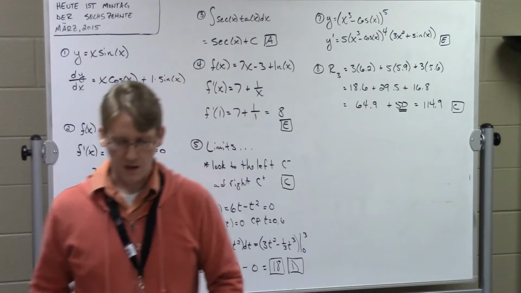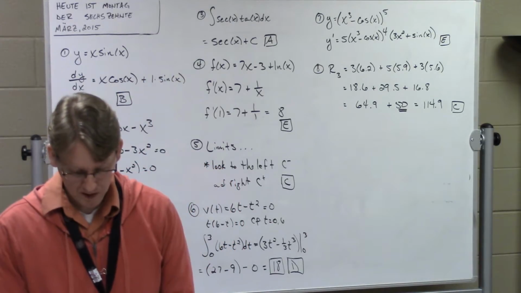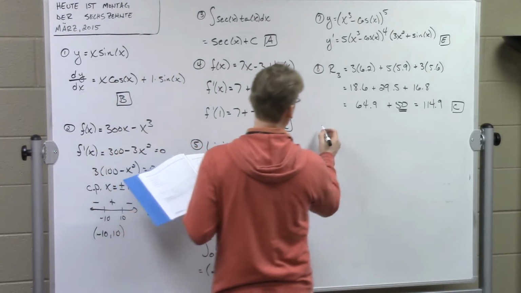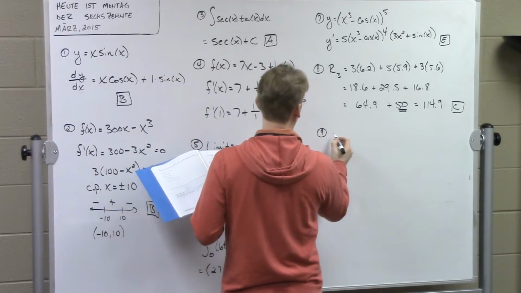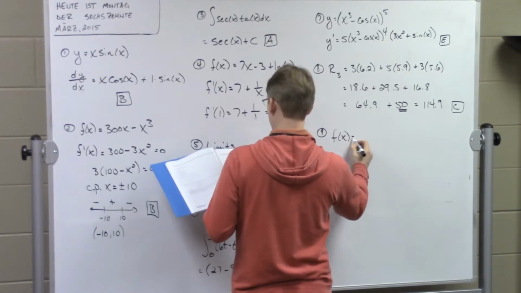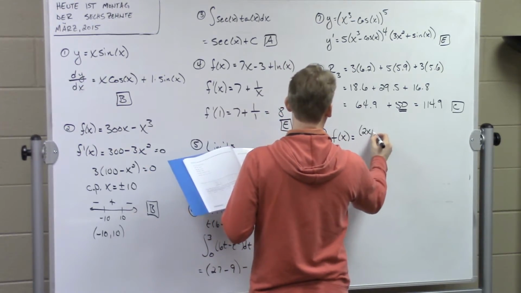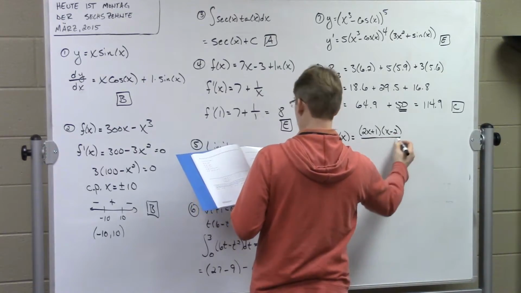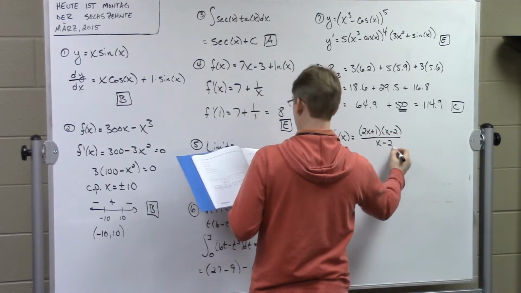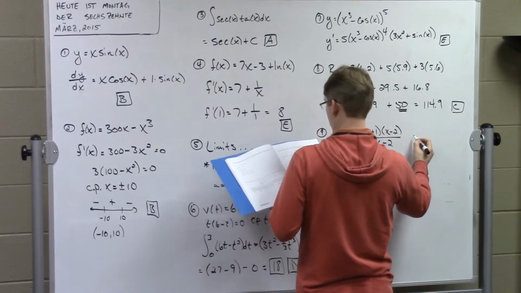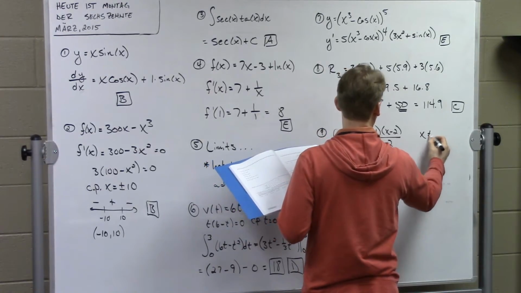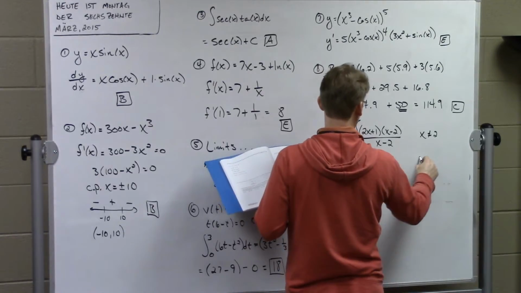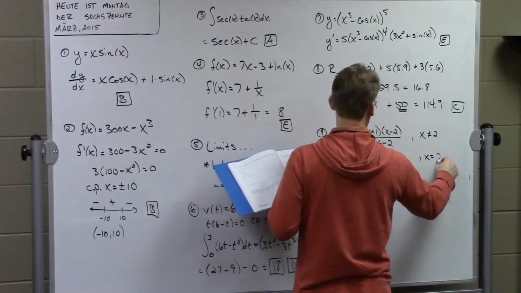Okay. Number 9. Let f be the function defined above. For number 9, they tell us that f of x is equal to 2x squared plus x minus 2 over x minus 2 for x not equal to 2, and k for x equals 2.